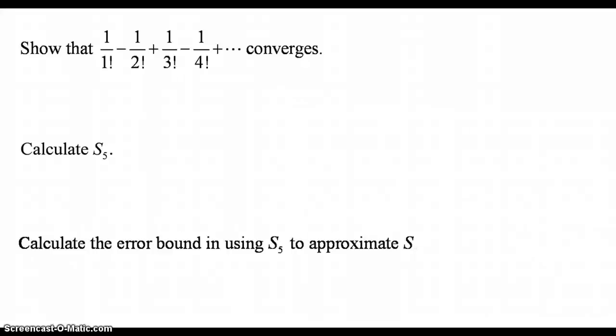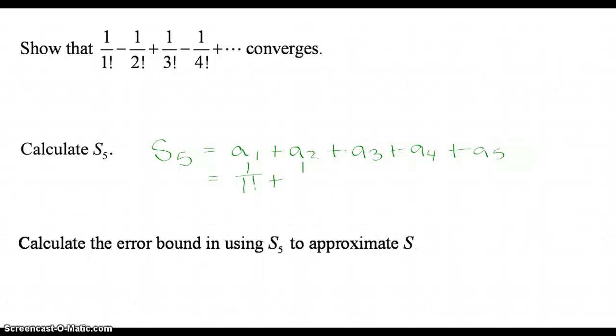The next thing says calculate S sub 5. S sub 5 is the sum of the first 5 terms in the series. That's what S sub 5 means. So the first term is 1 over 1 factorial.